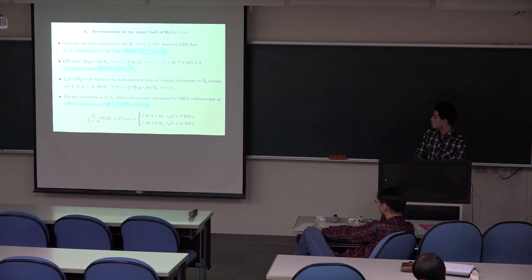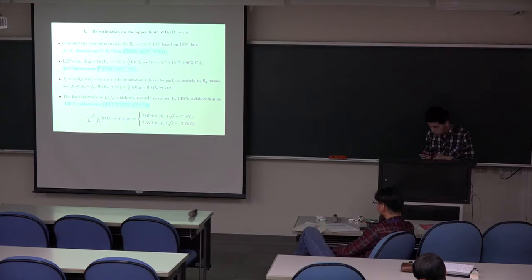FC is expected to be less than FU and FD. So the FC over FU is a very important quantity in the estimation.